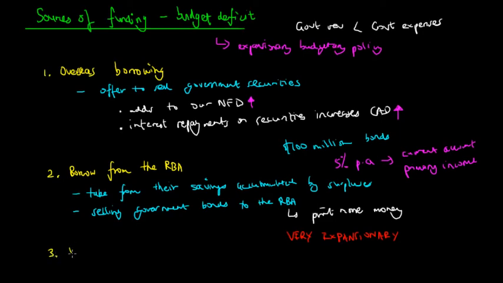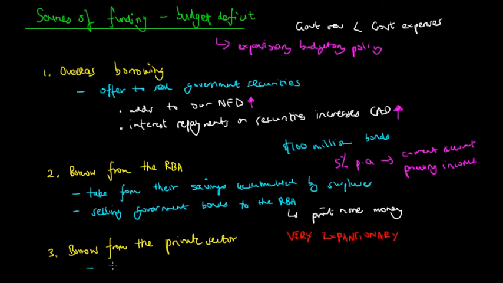So lastly, we can see that the government can borrow from the private sector. And again, the private sector in this case means the Australian public, or it means financial institutions in Australia.